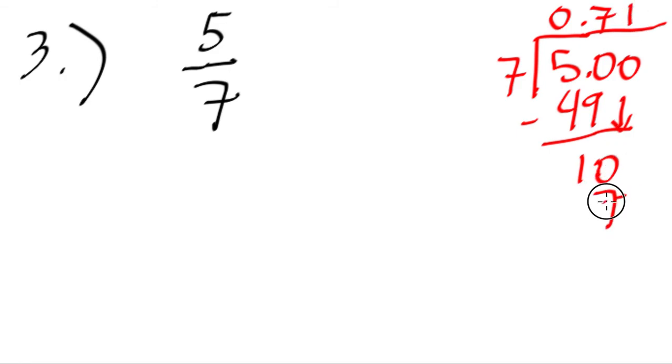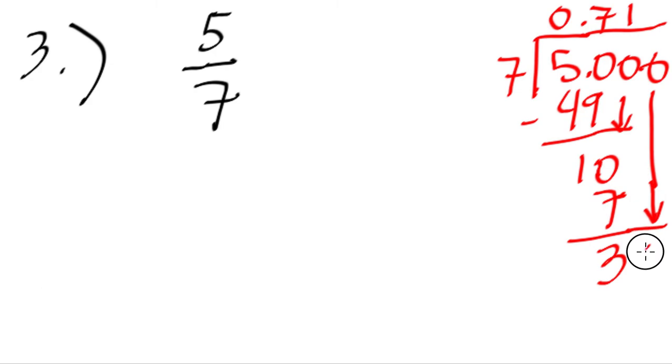That's going to give us 3. And then bring down another 0. That gives us 30. How many sevens are there in 30? We have 4. 4 times 7 is 28. It's going to give me 2.